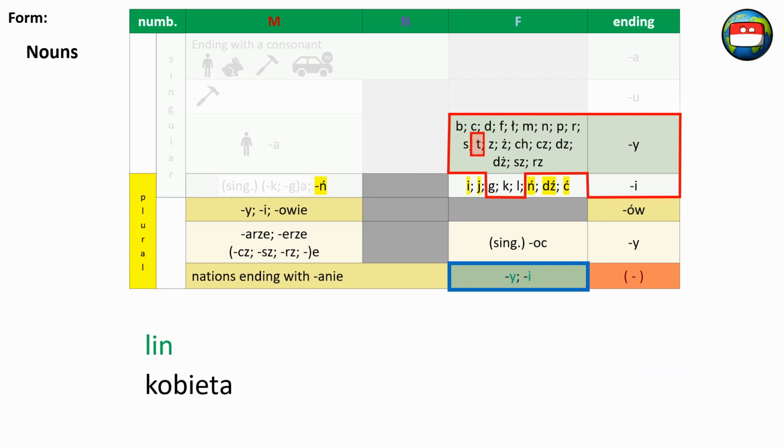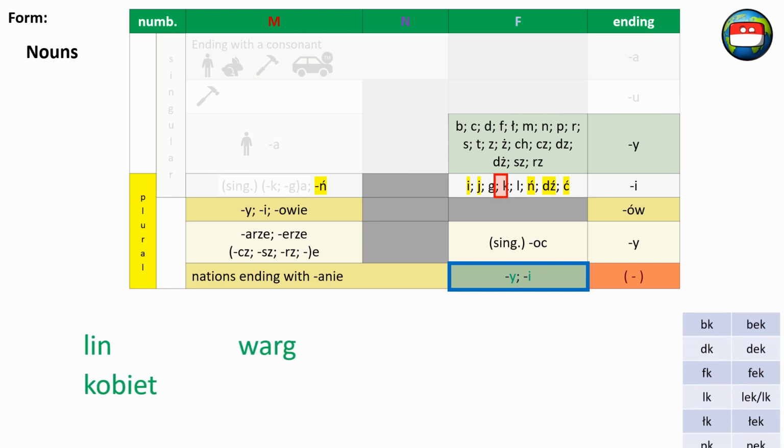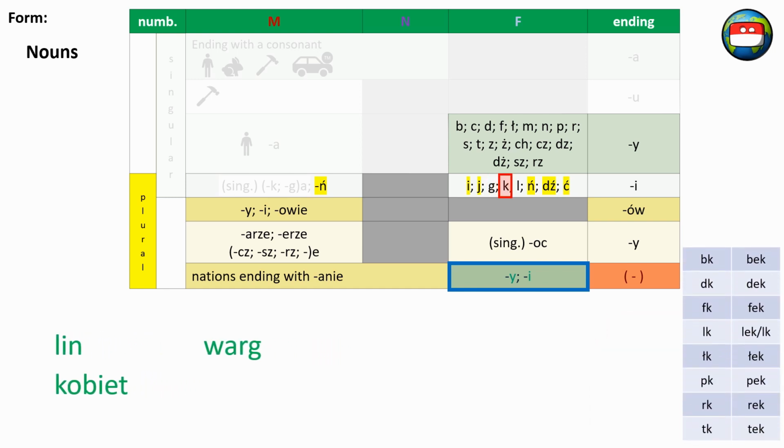Kobieta, kobiety, kobiet. Warga, which means lip. Wargi, warg. For the words with the k in the last syllable, we need to add the e sound to pronounce it more easily. Marka, marki, marek.